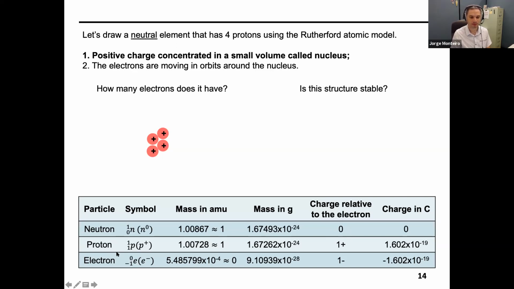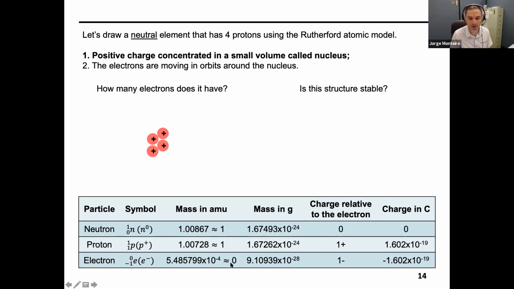For the proton, p, 1, 1, the mass is 1 unit as well, and the charge relative to the electron charge is 1 plus. Finally, the electron, e, 0, minus 1, is a very light particle.